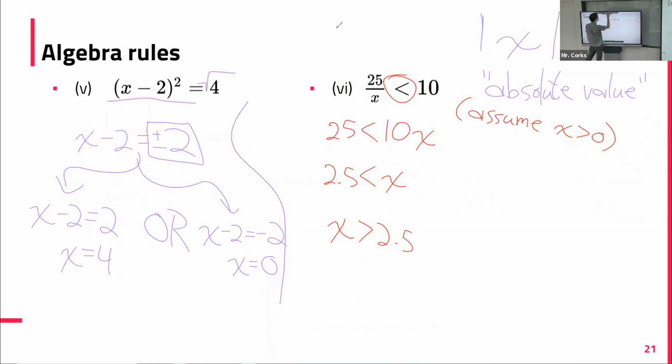So if this were, say, negative 10, and we divide by negative 10 on both sides, then the sign needs to flip directions to still keep the relationship true. So those are the only 2 real special things with less than or greater than signs. Otherwise, they work the same as an equal sign.